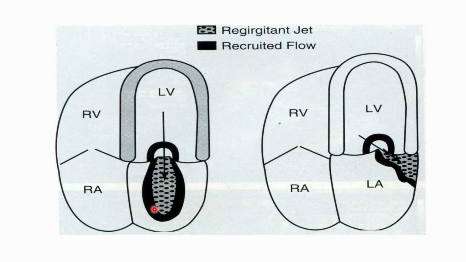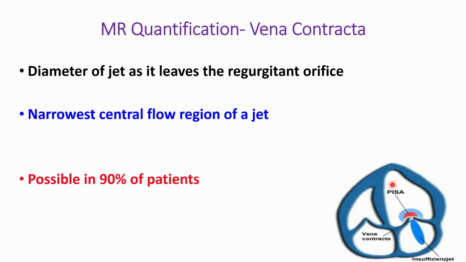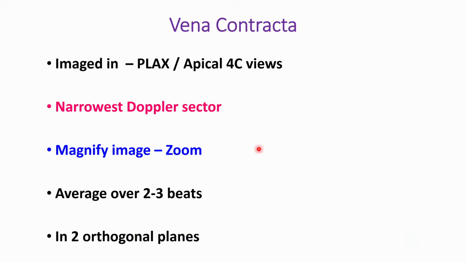This is an example of central jet MR, and this is an example of eccentric jet MR. Vena contracta is one of the more reliable determinants of the severity of MR. It is the diameter of the jet as it leaves the regurgitant orifice. It is a narrow central flow jet, possible to assess in 90% of patients, and it does not depend upon other associated valvular lesions like MS or aortic valve disease.